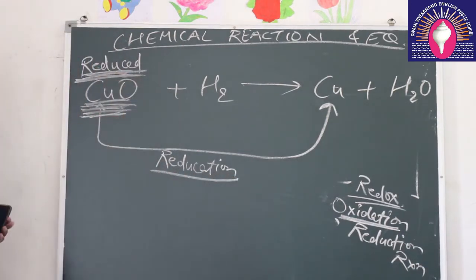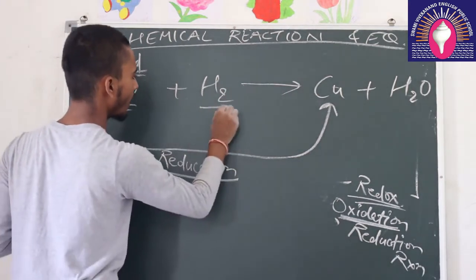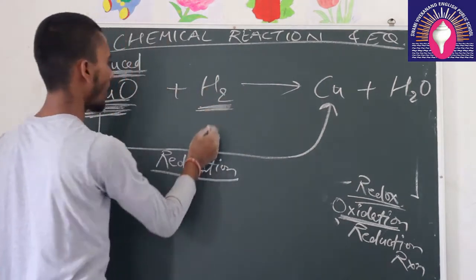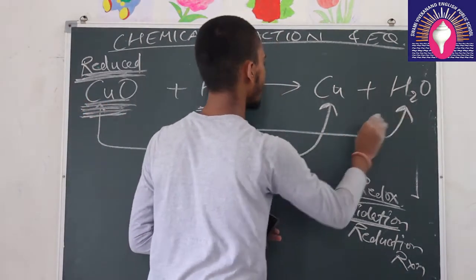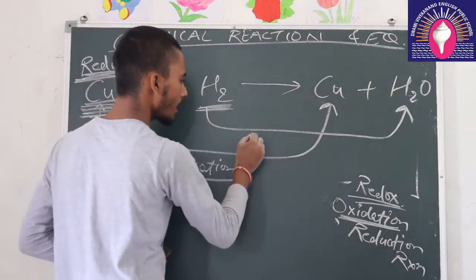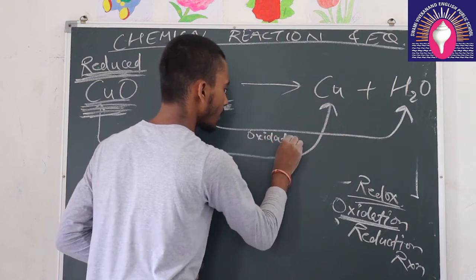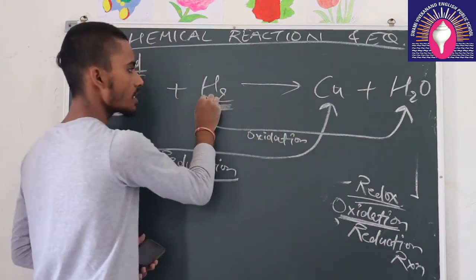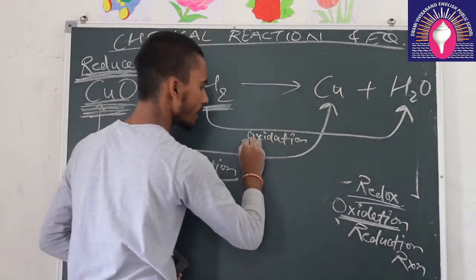Here hydrogen is the next compound in it. Hydrogen is getting oxygen, so we can say that hydrogen is oxidized. Oxidation is taking place, the transfer of hydrogen to water, H2O, is known as oxidation.